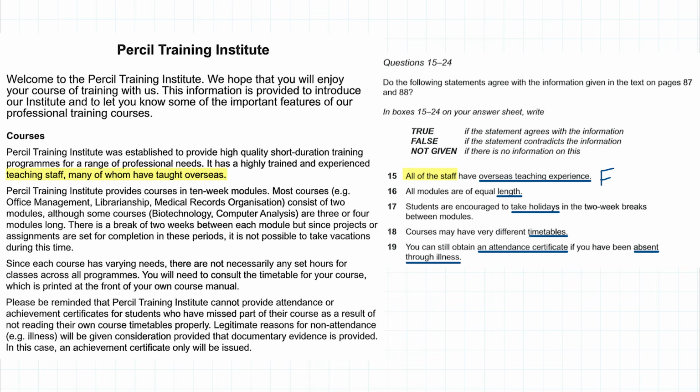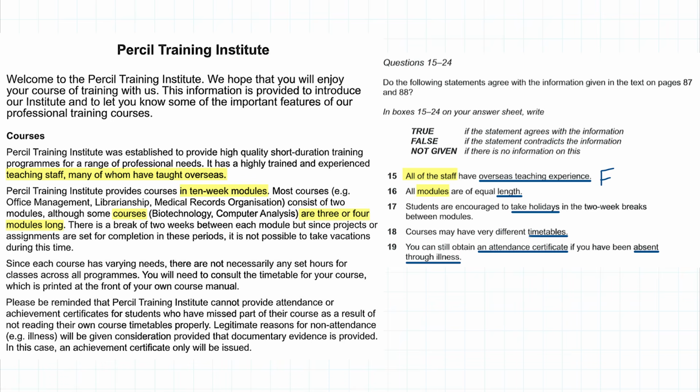Next, number 16. All modules are of equal length. And we're looking for the length of modules. And we can read that this institute provides courses in 10-week modules. So it seems they are of equal length. They are 10 weeks long. But if we continue reading, we may find more confusing information that some courses are 3 to 4 modules long.